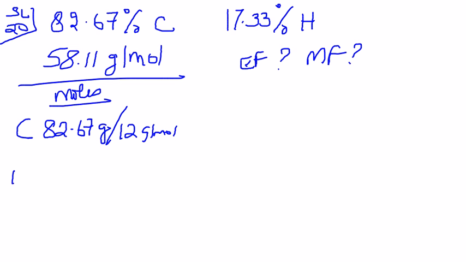And for hydrogen it is going to be 17.33 divided by 1, so this one will come out to be 17.33. And the other one, I'm going to just punch in on my calculator here. 82.67 divided by 12 comes out to be 6.889.